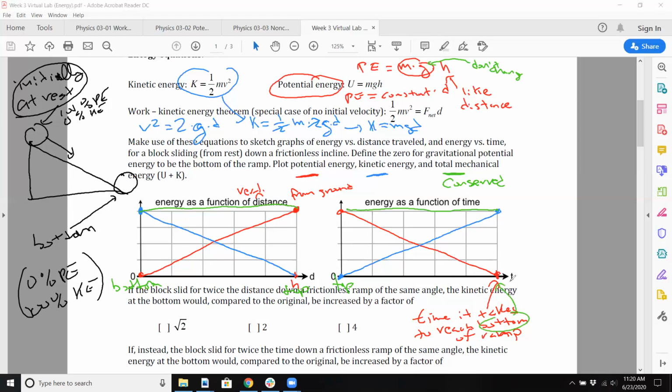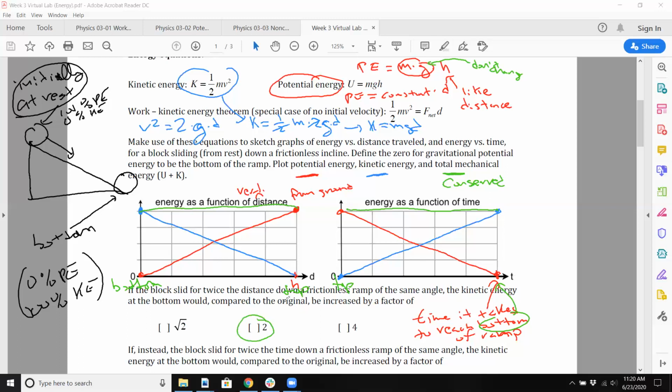So now if we look a bit further, if the block slid for twice the distance on a frictionless ramp of the same angle, the kinetic energy would, compared to the original, be increased by a factor of, well, if you're doubling the distance, you're doubling the height, because you're keeping the same angle. So you're doubling the potential energy, so you're really just doubling the kinetic energy as well.